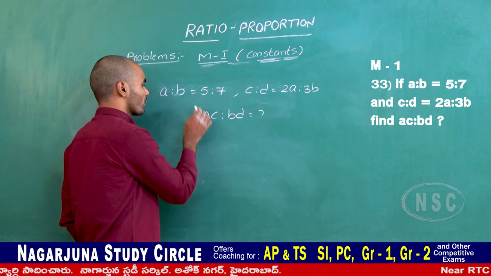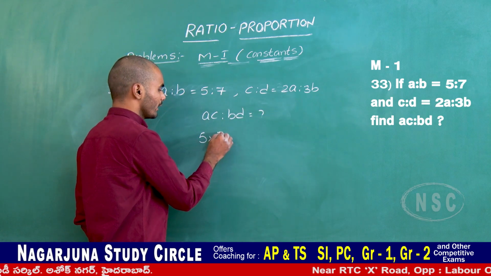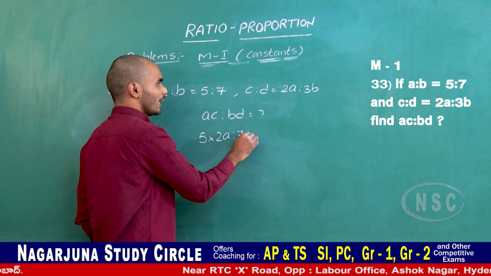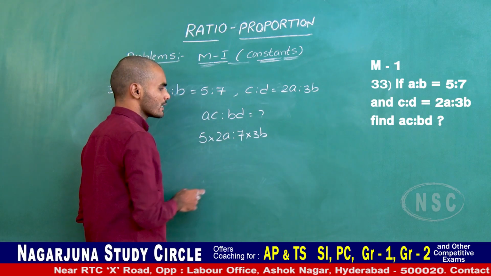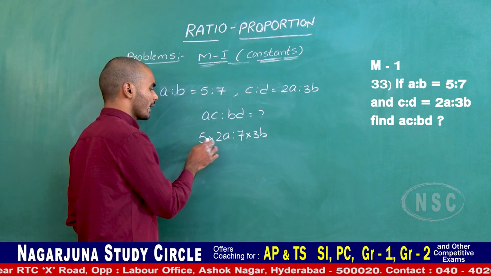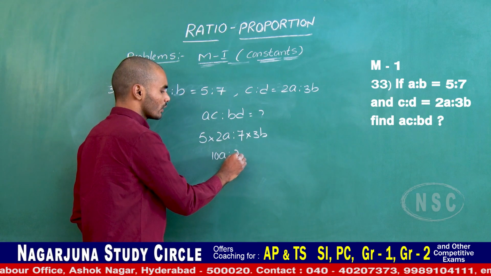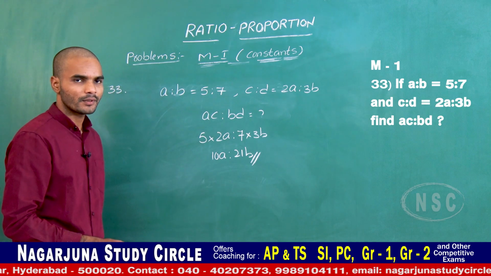Value of A is 5, value of C is 2A, value of B is 7 and value of D is 3B. No one cancels. So 10A is to 7 threes are 21B. Answer is 10A is to 21B.